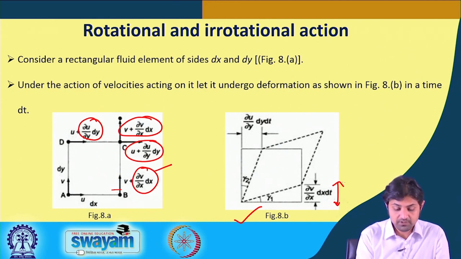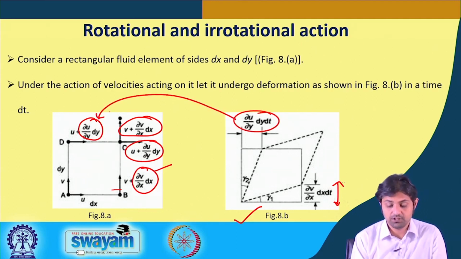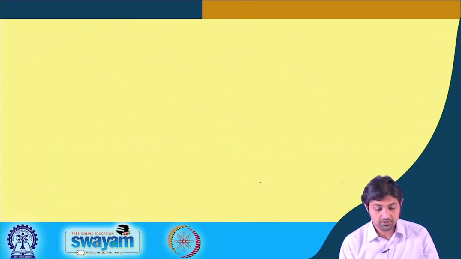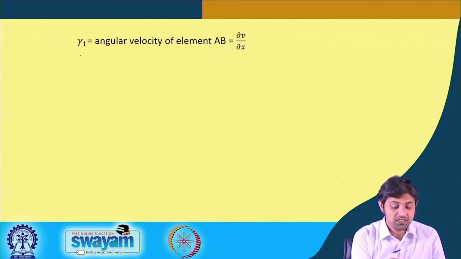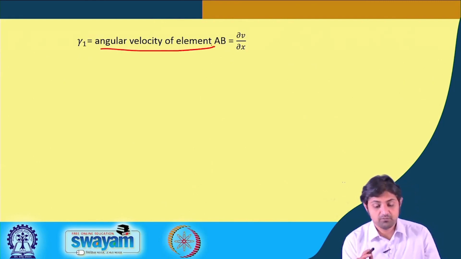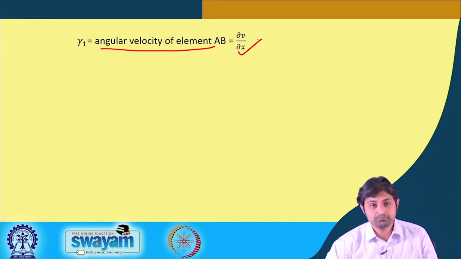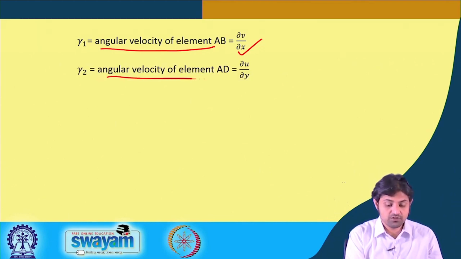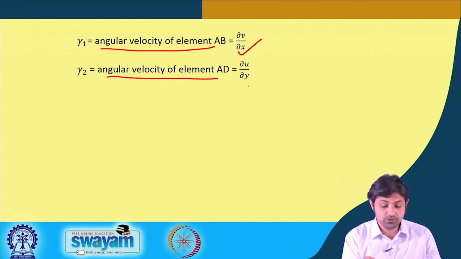Similarly, this will be coming from here multiplied by dt, and if this angle is gamma 1 and this is gamma 2, gamma 1 here is the angular velocity of element AB, which is equal to del v by del x. Gamma 2 is the angular velocity of element AD, that is del u by del y.